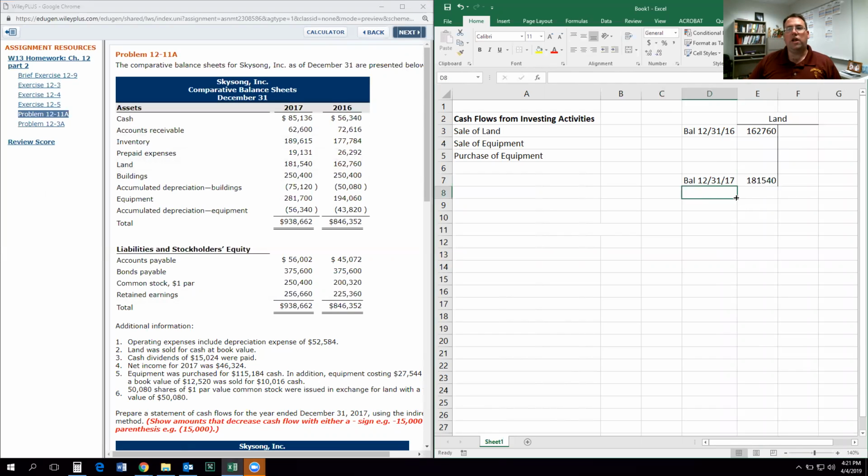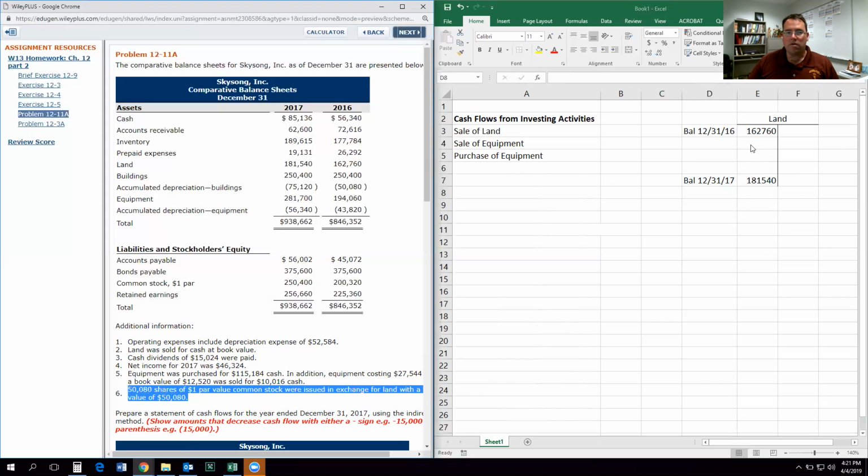So normally that'd be pretty easy, right? We would just subtract the difference and assume that we must have acquired some land, and that would have been it. But we have this additional information here that tells us that 5,080 shares of $1 par value common stock were issued in exchange for land with a value of $55,080.